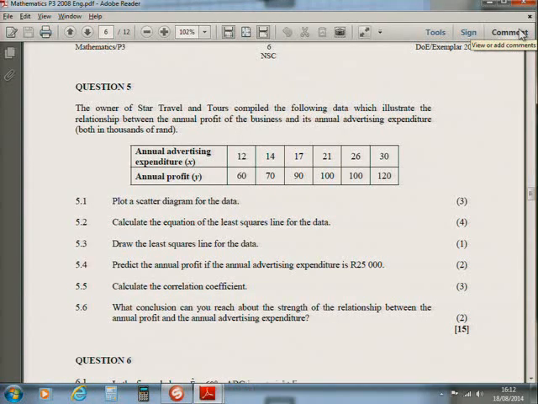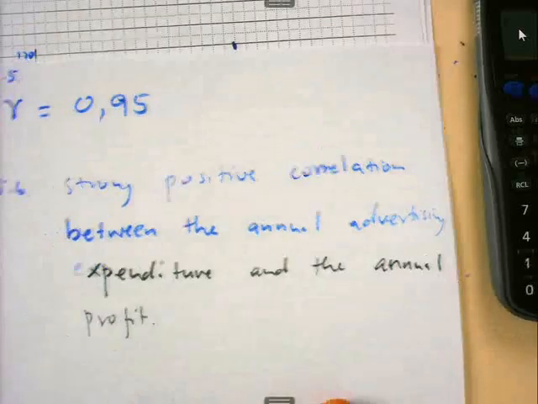Annual profit, 0.9. It means now we have a very strong, there we are.